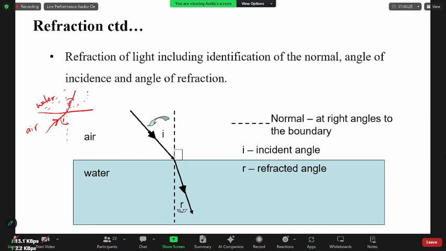This is the refracted angle, which is less than i when you compare it with the normal.